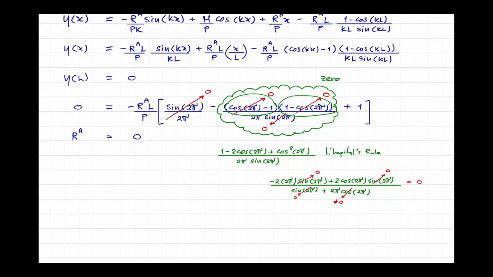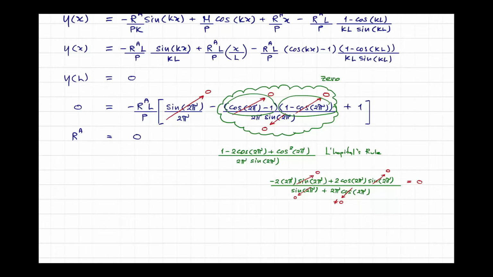How do we know that RA depends on K or not? RA is dependent on K. Well, RA we set at the very beginning of the derivation to be one unknown constant.